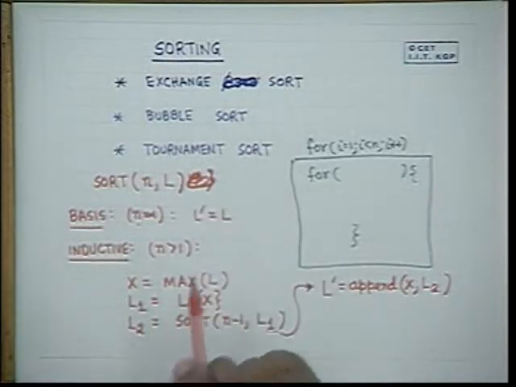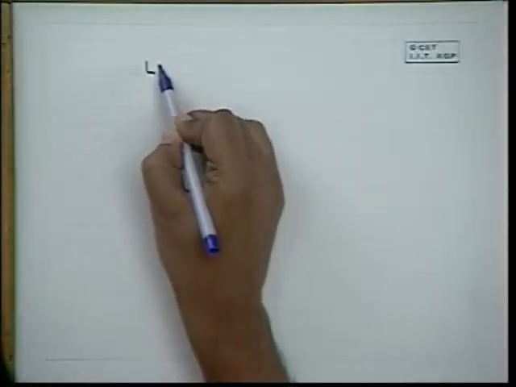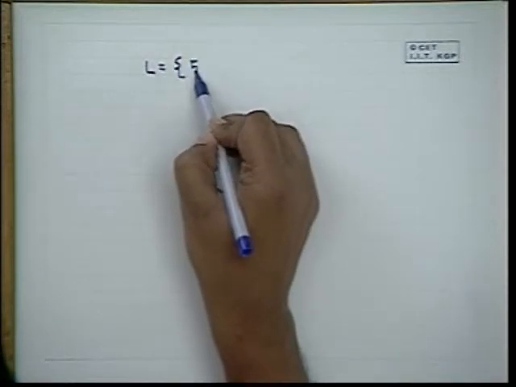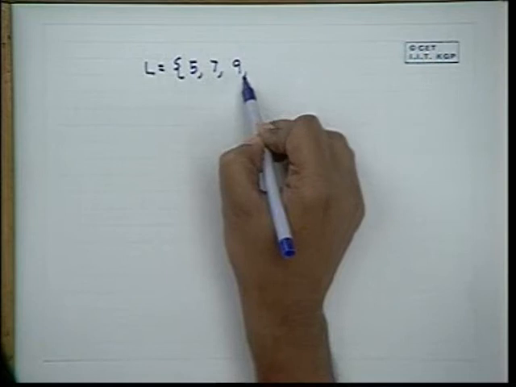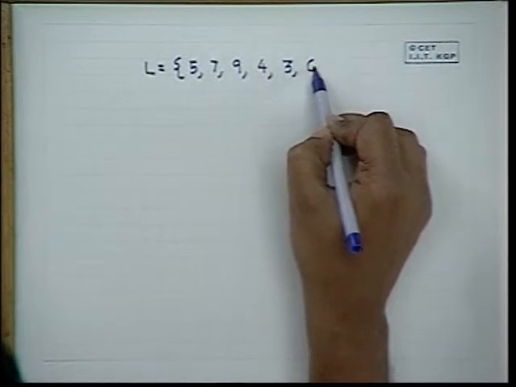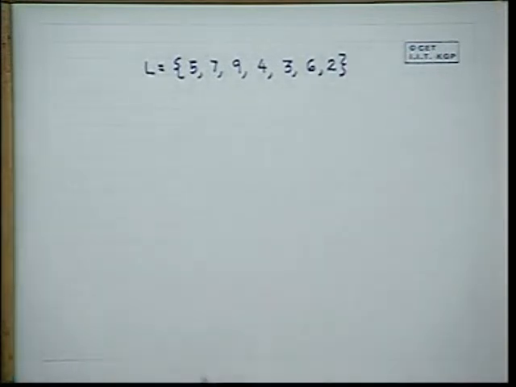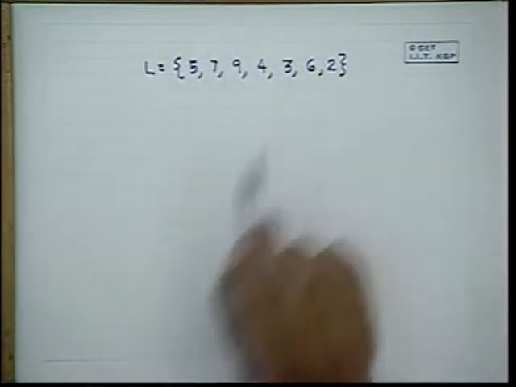Now we will see another decomposition which is slightly different from this. And I do not want to go into the recursion tree of this, it's obvious. Suppose I have got a list L of elements 5, 7, 9, 4, 3, 6, and I break up this list to solve.